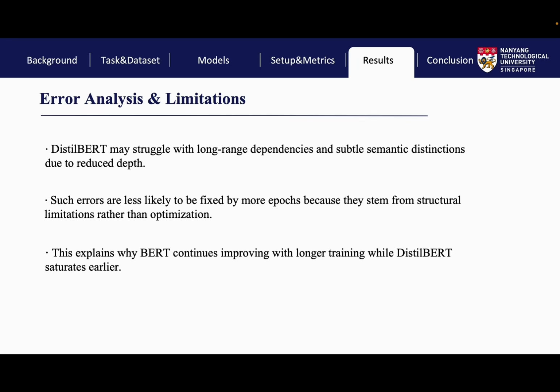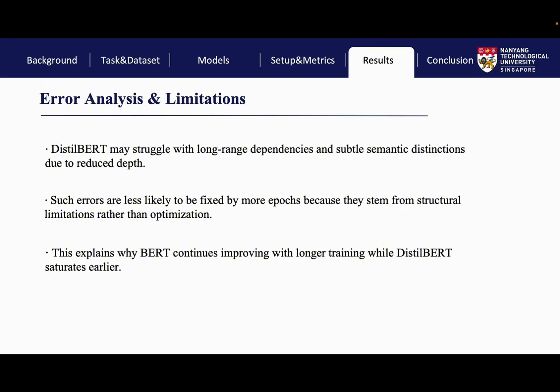Due to its reduced depth, DistilBERT may struggle with tasks that require modeling long-range dependencies or making very subtle semantic distinctions. Importantly, these errors are not primarily caused by insufficient training, but rather by structural limitations of the model itself.